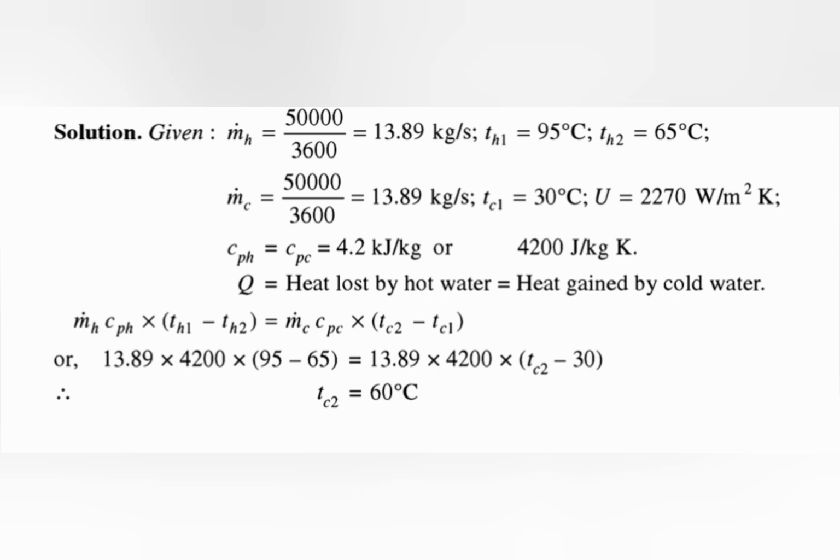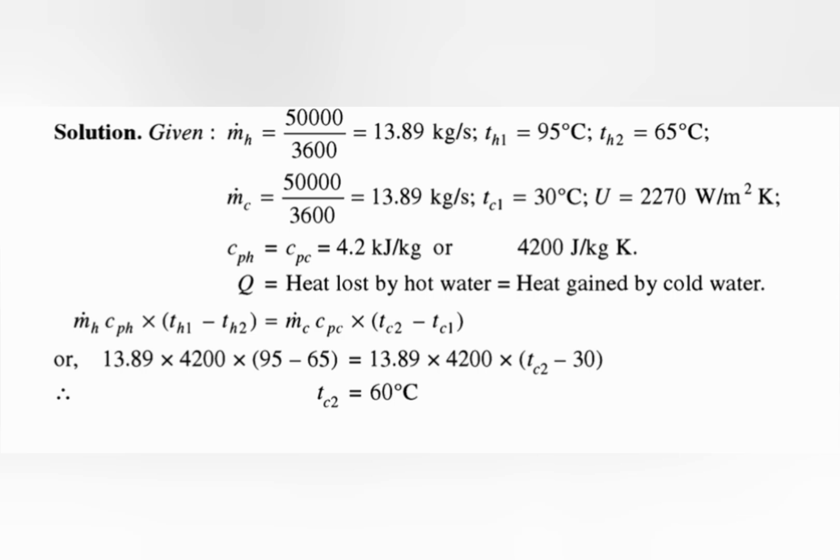In order to find the outlet temperature of the cold water, Tc2, we know the heat lost by the hot water is gained by the cold water. So simply apply the heat balance equation, equating heat lost by the hot water to heat gained by the cold water. The hot water was initially at 95 degrees Celsius and, due to the heat transfer, is reduced to 65 degrees Celsius.